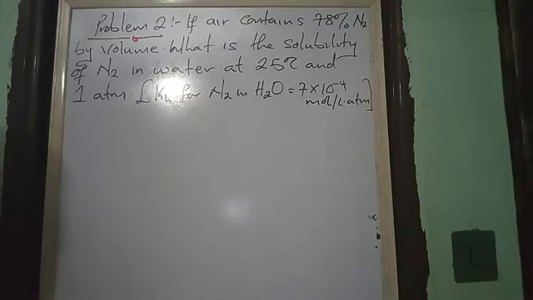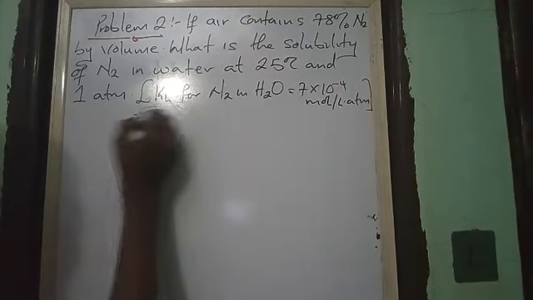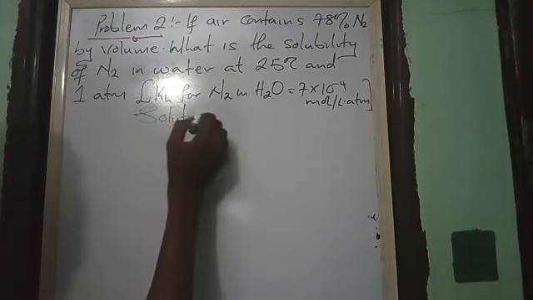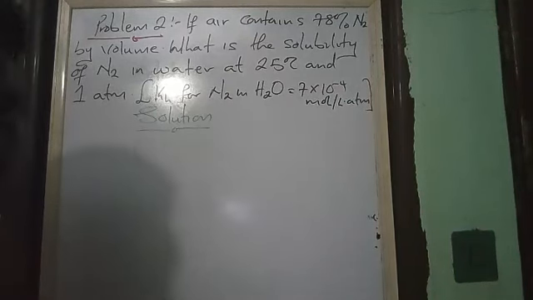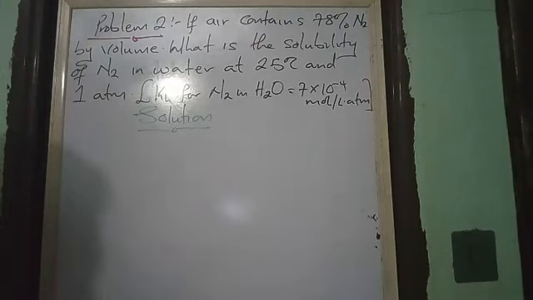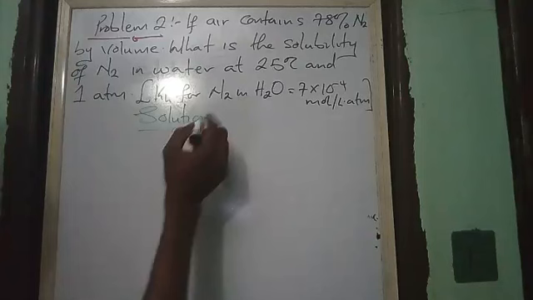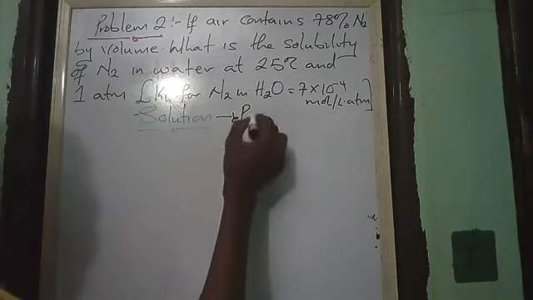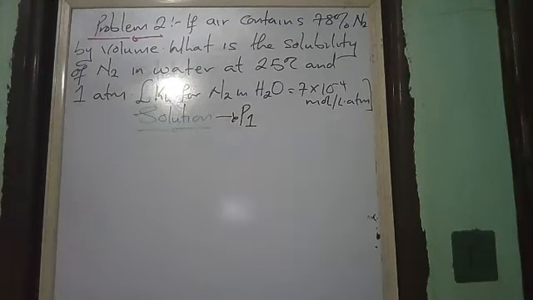Solution. So we start with problem 1. I believe you've written that problem 1 in your book. The partial pressure of carbon dioxide gas inside a bottle of cola is 4 atm.